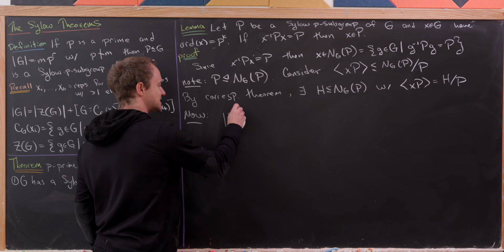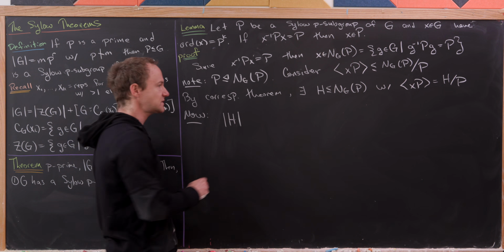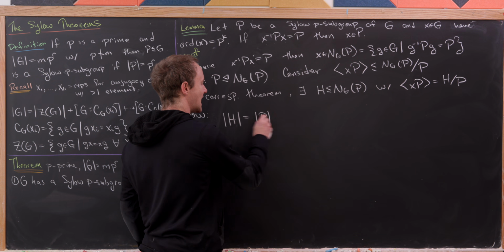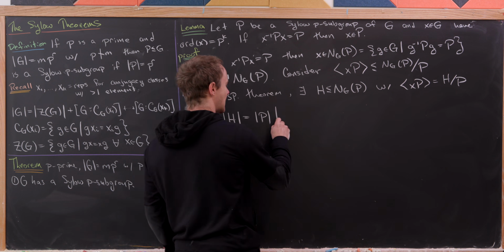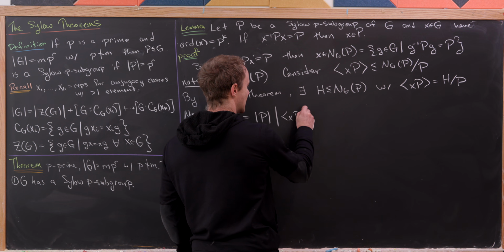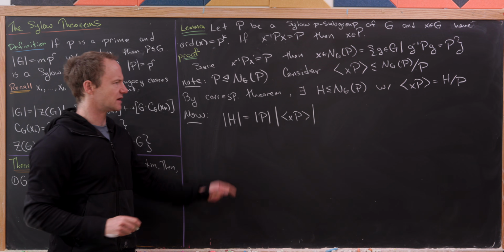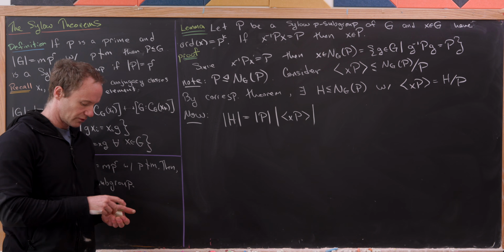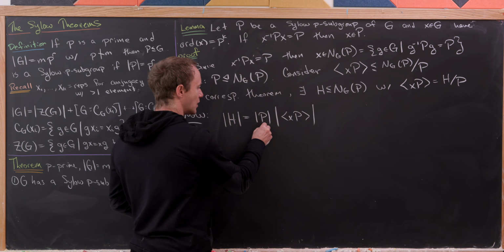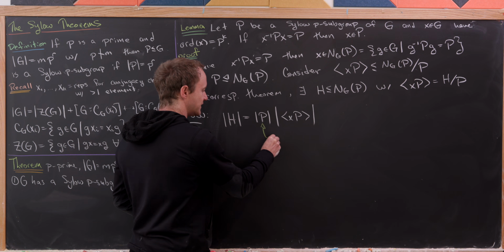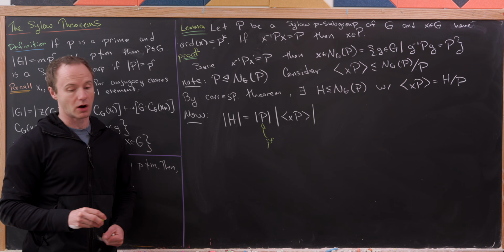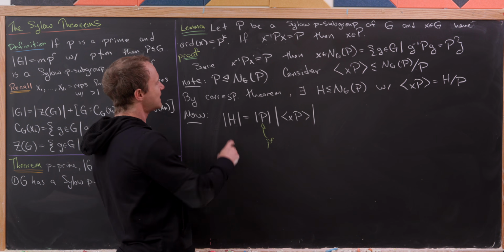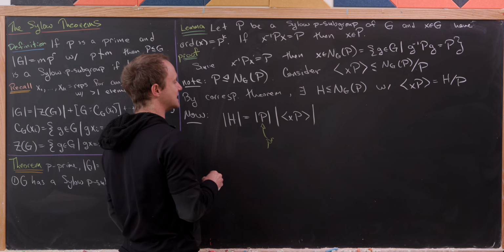Okay, so now we're ready for our final calculation. Let's look at the size of H. Let's observe that the size of H is equal to the size of our Sylow P subgroup times the size of this cyclic group XP. What do we know about the order of this? The order of this is exactly p to the r, because it's a Sylow P subgroup. The order of little x is p to the k.